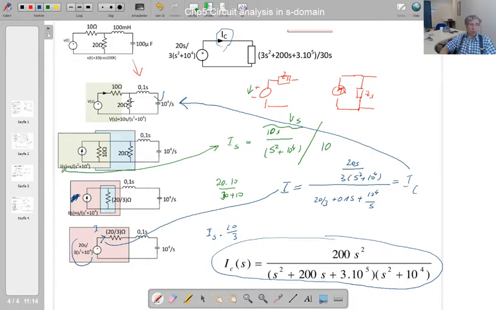So how am I going to find this element current? Voltage first. I already found the voltage of these two, so the summation of those two voltages gives me the voltage of this element. So I found the voltage of the 20 ohm, divided by 20, you get the current of this element. So you know this current, you know this current, the summation of those two currents gives you this current.